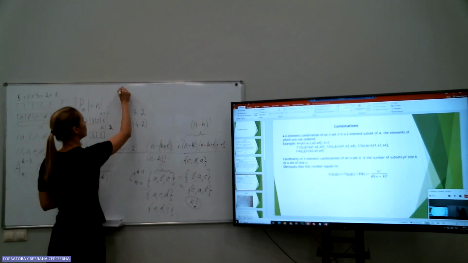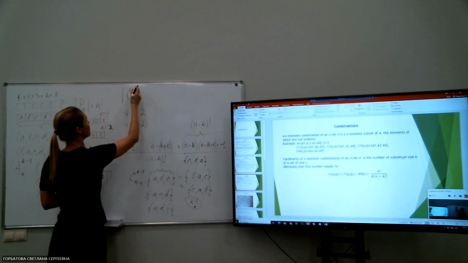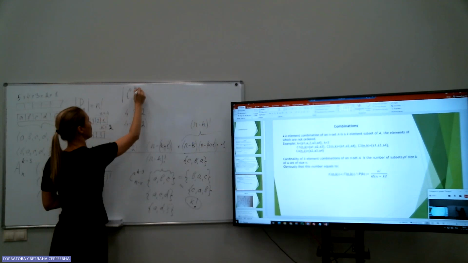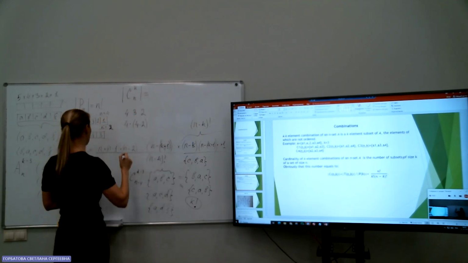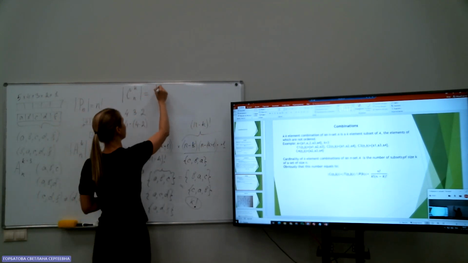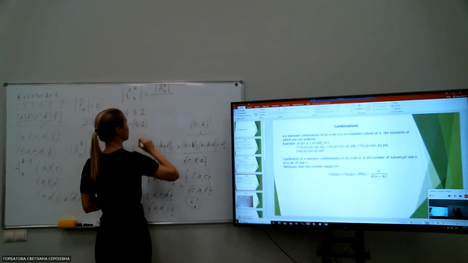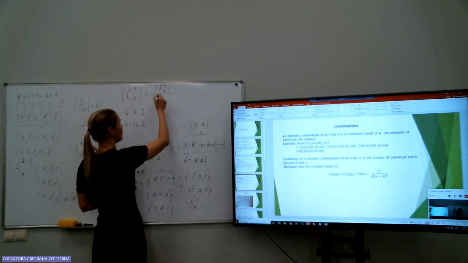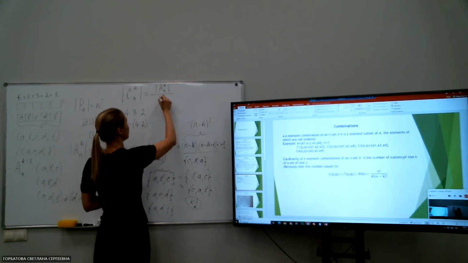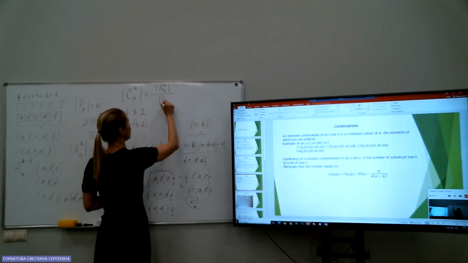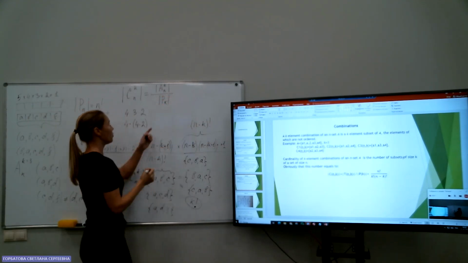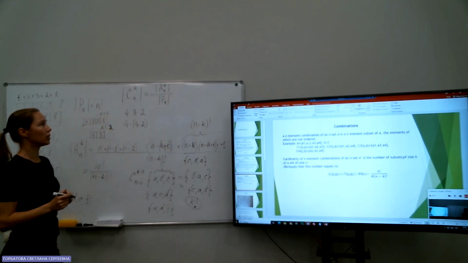So the number of combinations of k elements from n elements will be less than the number of k permutations of n, by the number of permutations of k elements.